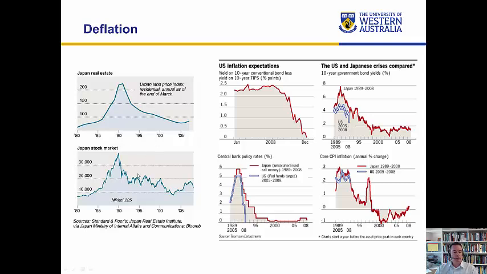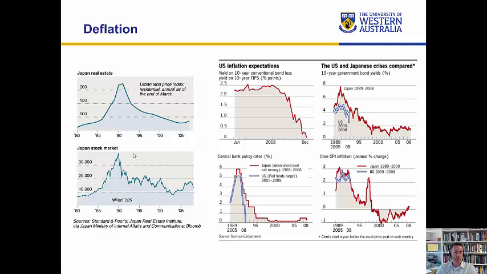But the reason I'm showing you this is to first of all highlight the crash in real estate prices in Japan. It's quite interesting to note that housing prices in Japan between about 1985 and 2005, that's a 20-year period, haven't really changed at all. So they've been doing it really tough after the formation of these two bubbles in the housing market.